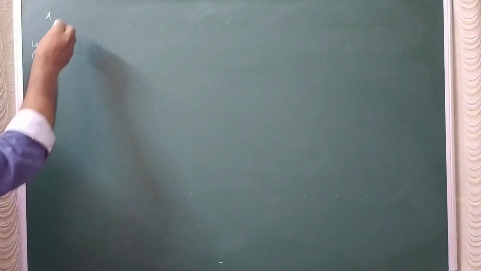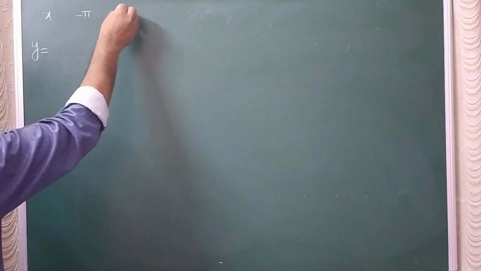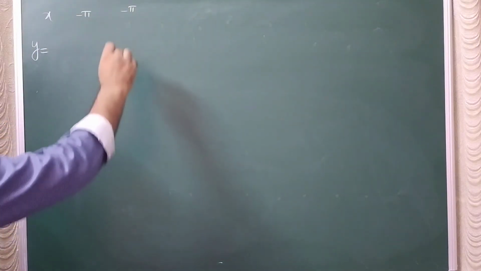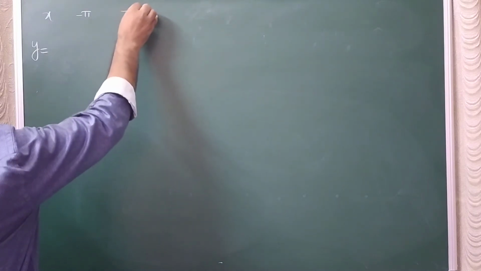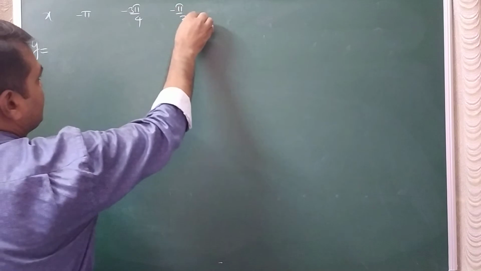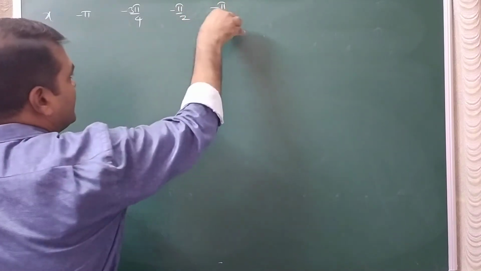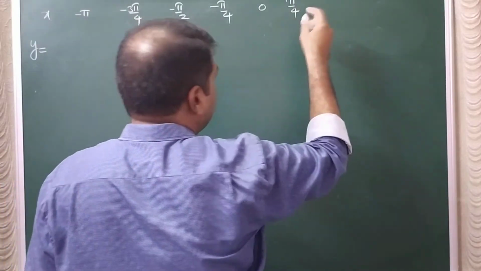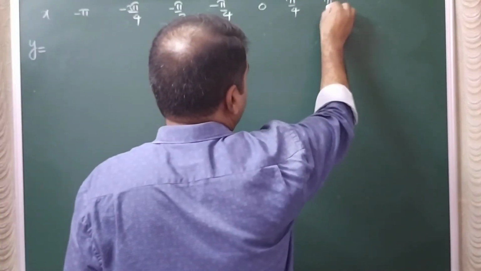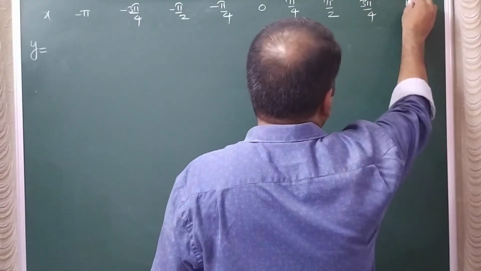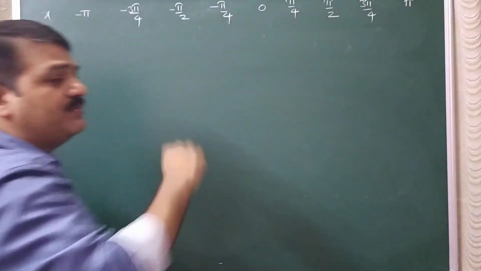So I will take x values between minus pi and plus pi. Between minus pi and plus pi, I will take the angles now. Okay, with a difference of pi by 4 only, I am choosing the angles, but from minus pi to pi I am choosing.